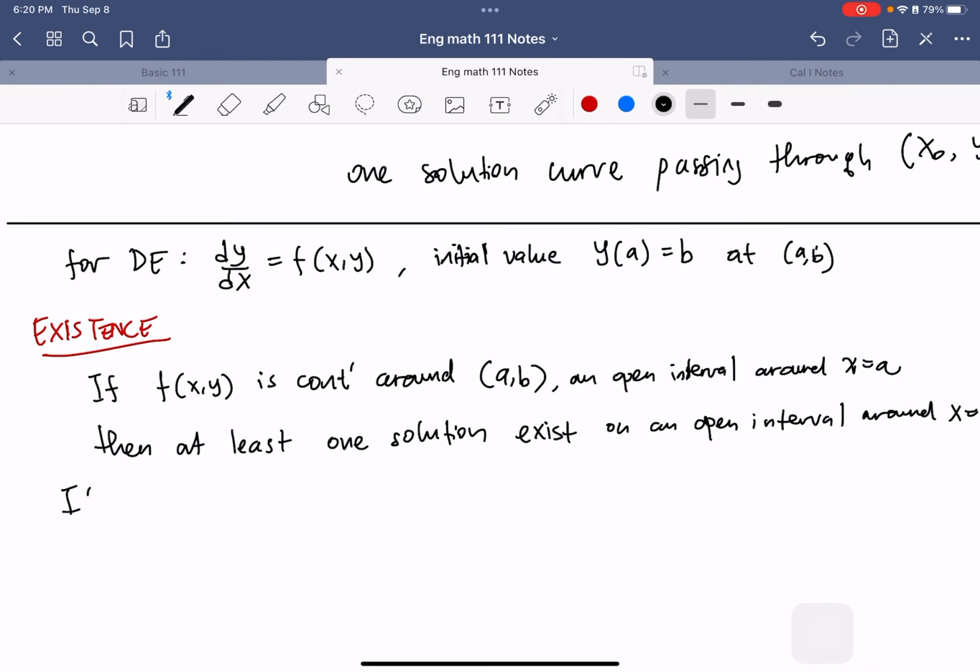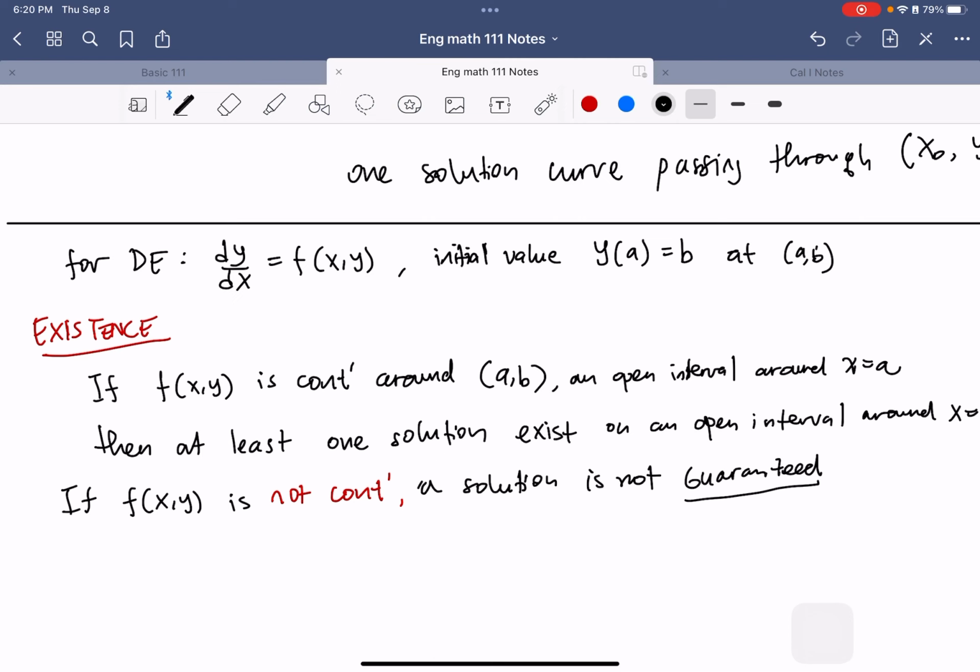And if f(x, y) is not continuous, a solution is not guaranteed.